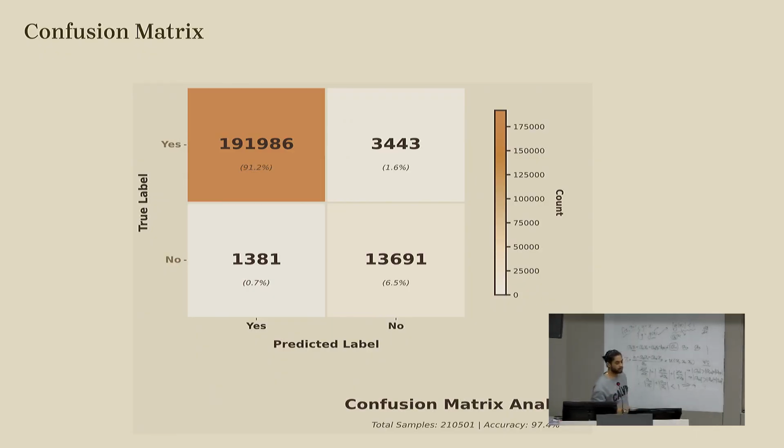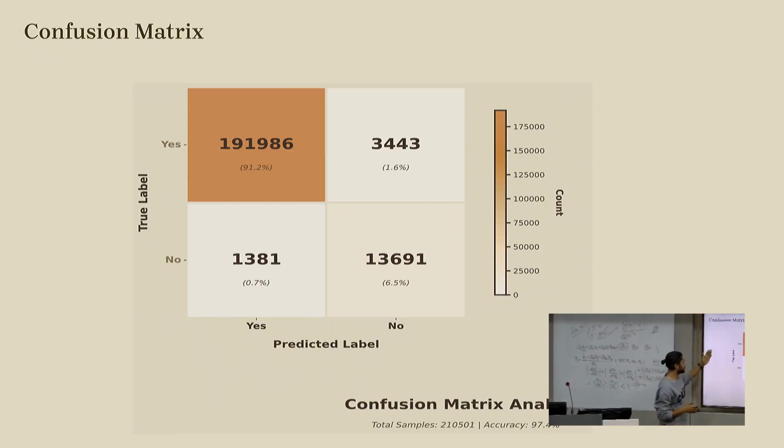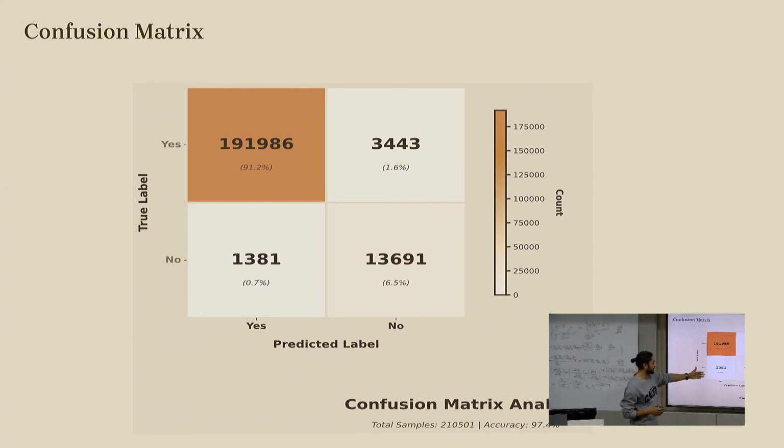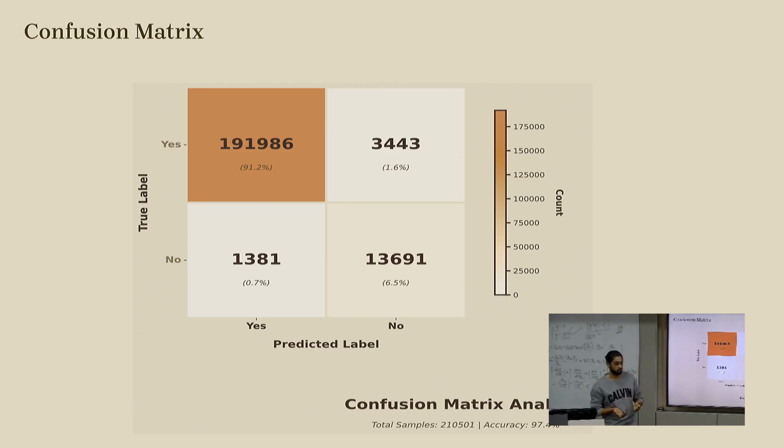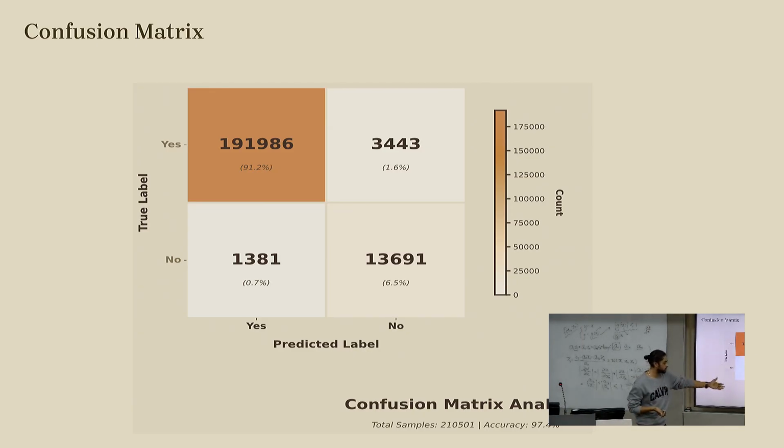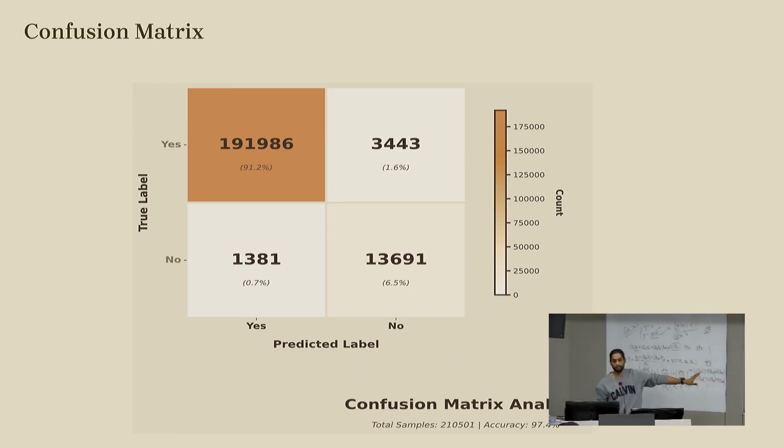This is a confusion matrix showing how good my model is. The dataset is labeled with yes/no classes: you give the summary and the question, and the model answers yes or no. I got approximately 97.4% accuracy if I round off.